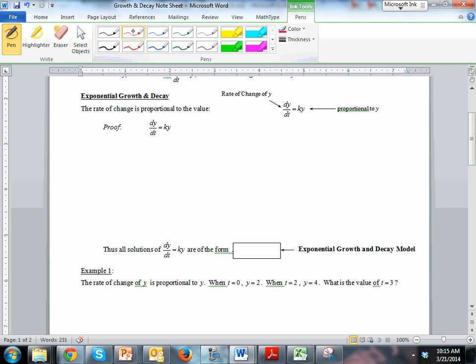What are our two variables? Y and t. So where I have a dy, I'm going to divide my y over. And my k is good. It really can be anywhere, but I'm going to keep it over here and multiply my dt over there.